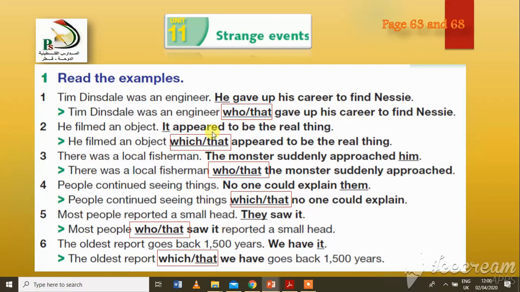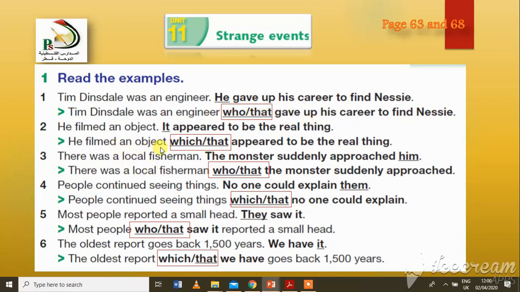One point more I want to discuss, that sometimes the relative clause comes in the end of the main clause. See, Tim Dinsdale was an engineer who or that gave up his career to find Nessie. We finished the main clause, then we added the relative clause.